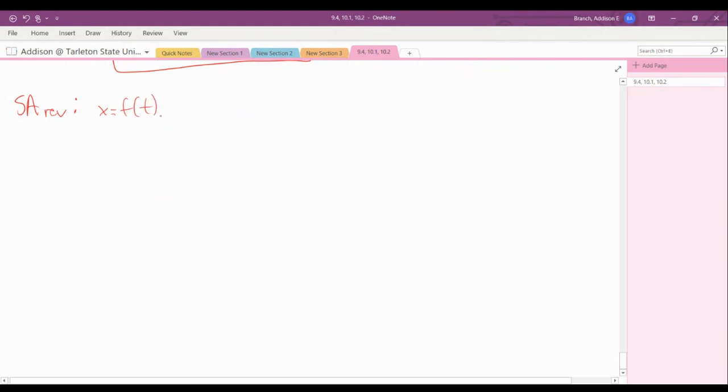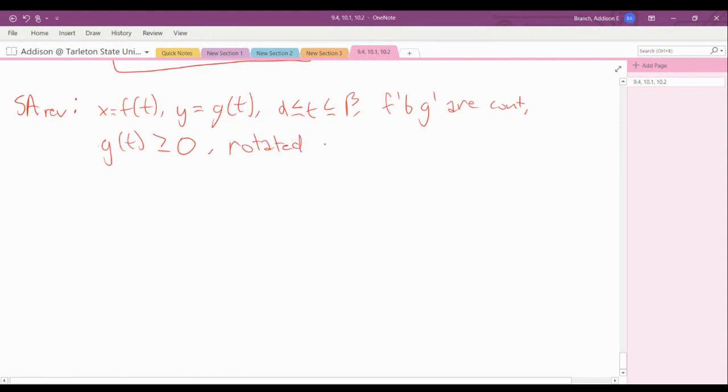X is f of t, y is g of t, alpha and beta are the bounds, f prime and g prime are continuous, g of t has to be bigger than 0. And usually when we're doing this, we're going to rotate about the x-axis.